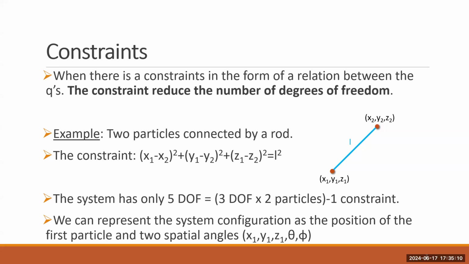Therefore, we have only 5 degrees of freedom, and we can represent this as x, y, and z of particle 1 and theta and phi of the relative angles of the rod.